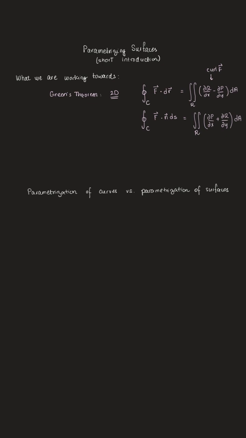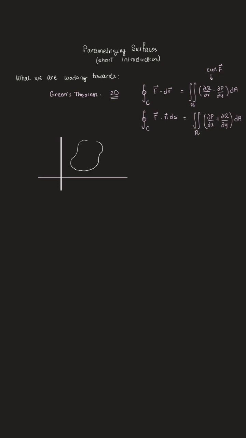And I want to say more about this, so I'm just going to erase this and do that a little lower. The idea here is we have some curve on the xy plane. So here's our xy plane. And it encloses a region. The curve is oriented, and a vector field passes along it.